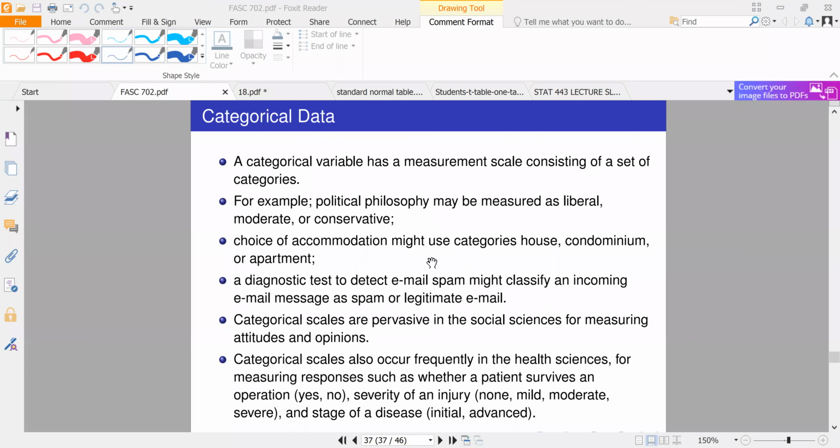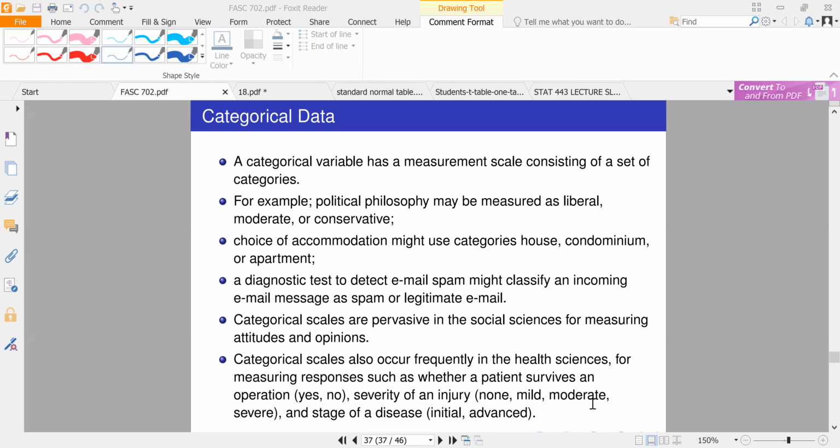So in scenarios where you cannot quantify the observation, because of the nature of research that you're conducting, then you can apply categorical data.